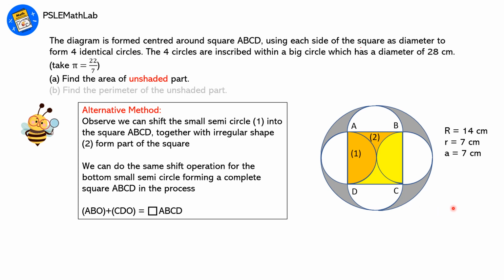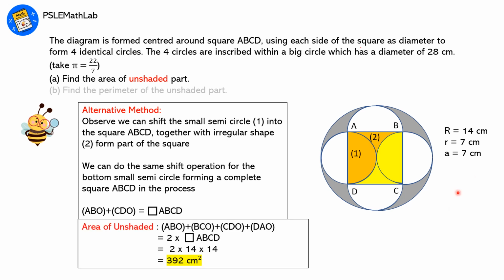With this, we have combined 2 out of the 4 identical unshaded parts into the square ABCD, and thus we can easily deduce the total area of the unshaded part is equal to 2 times the area of the square ABCD, thus easily solving question A. Isn't it just beautiful?